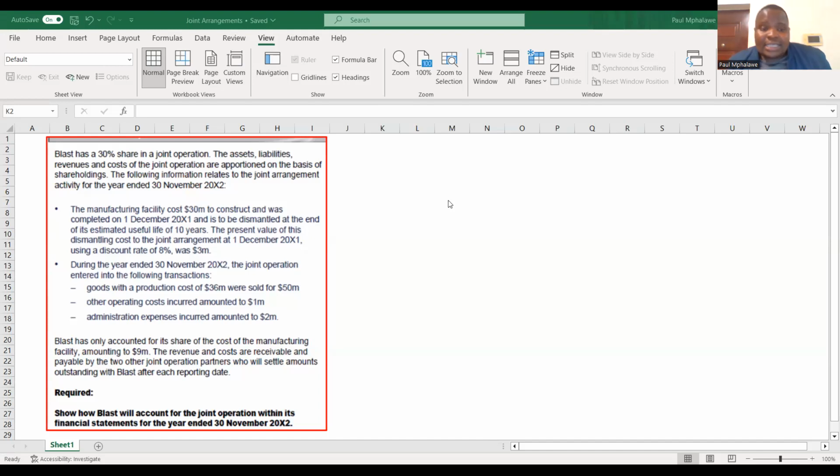We should analyze the facts bit after bit for you to understand fully what the examiner is looking for. So I urge you to be attentive in this one, because it's exciting, very exciting.